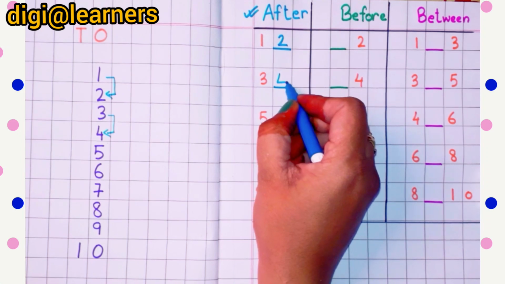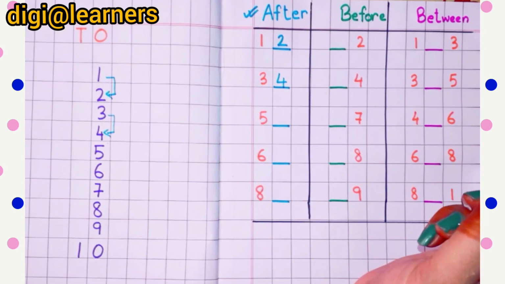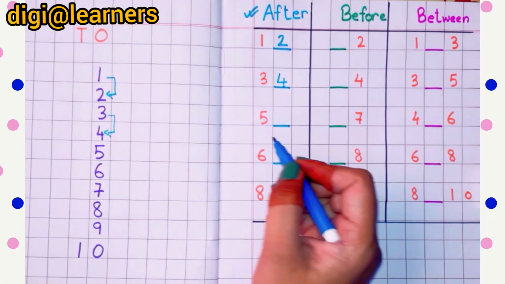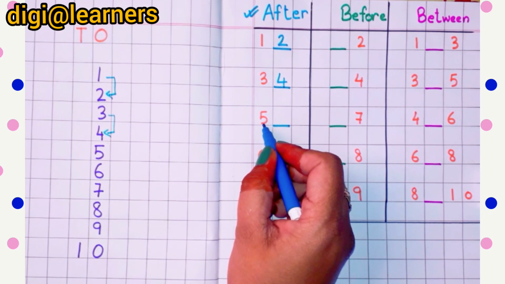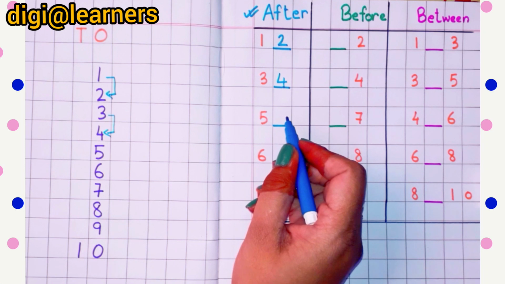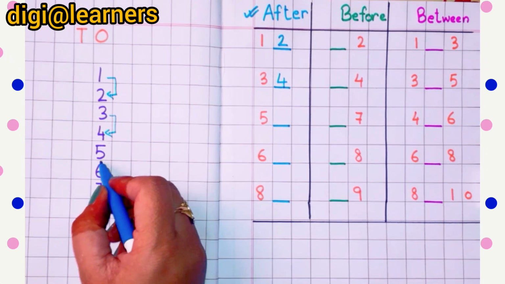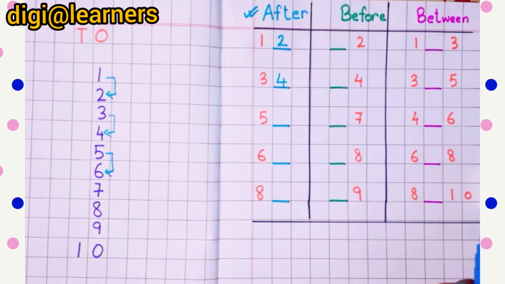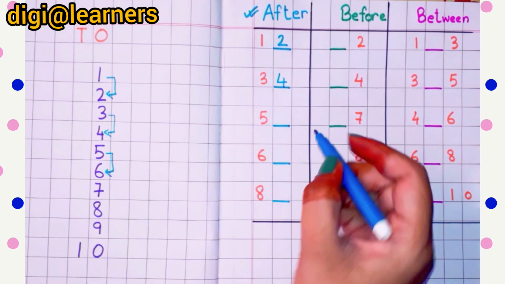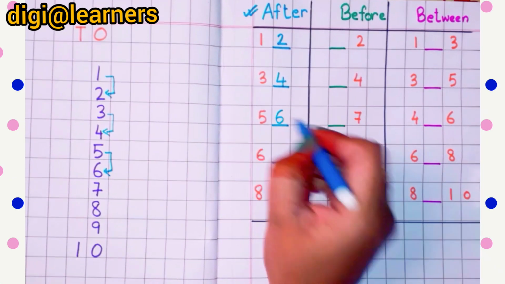What will be the answer? 4. Yes, very good. Now 5. What comes after 5? I know you have already understood. In the same way, what is written below 5 is 6. So what are we going to write here? 6.